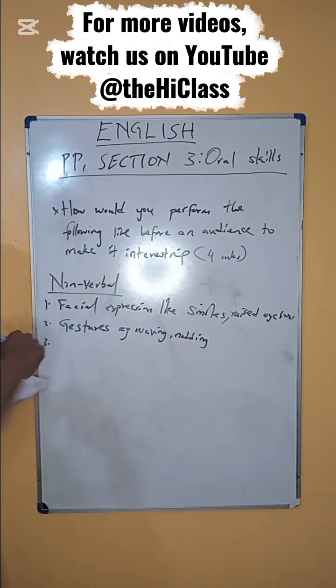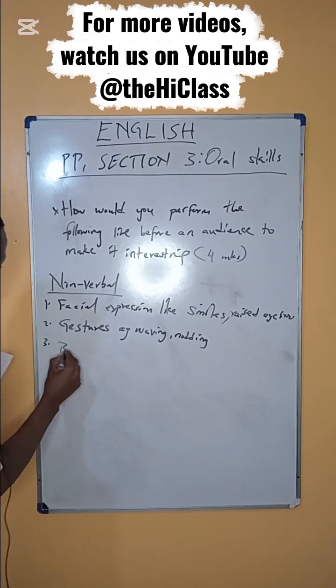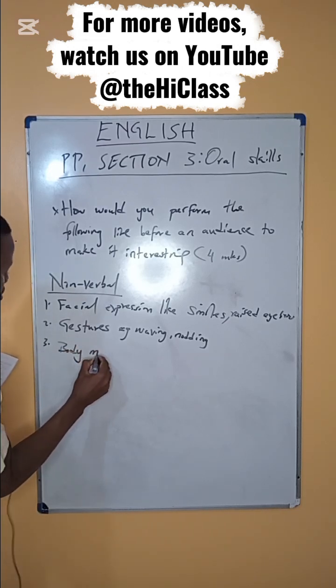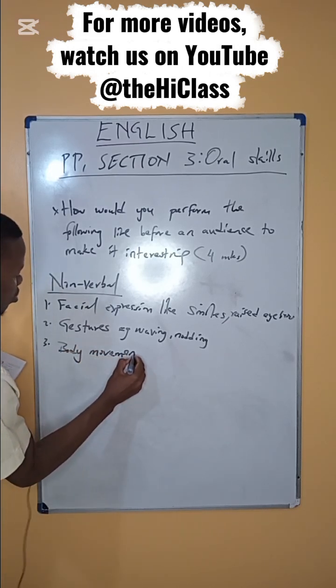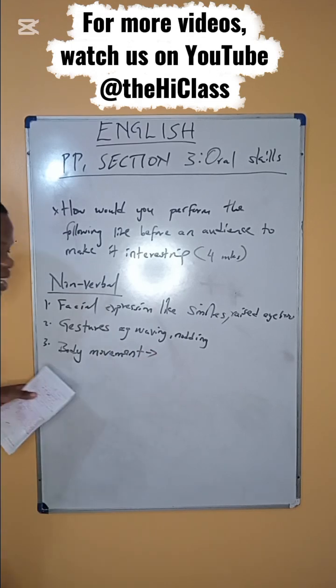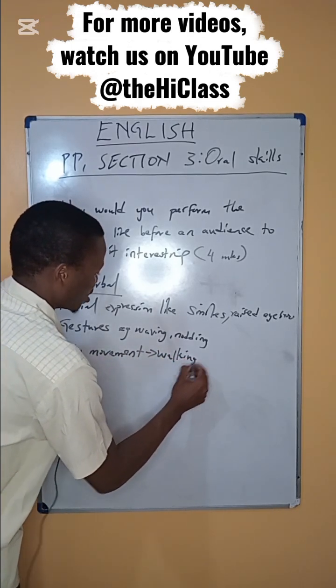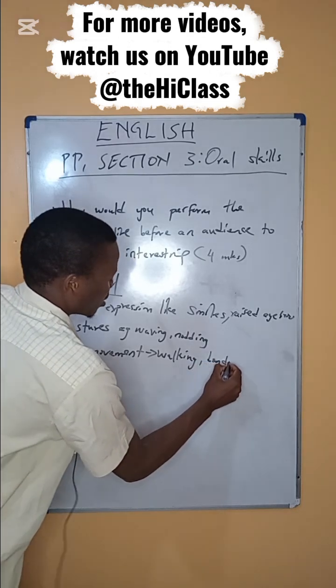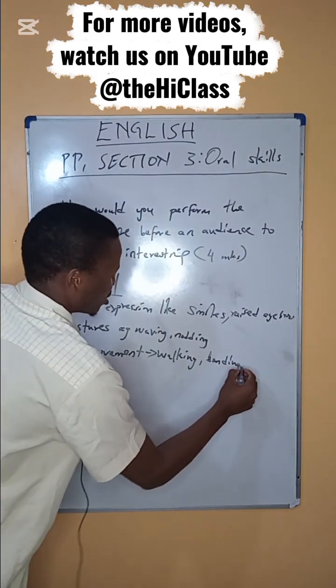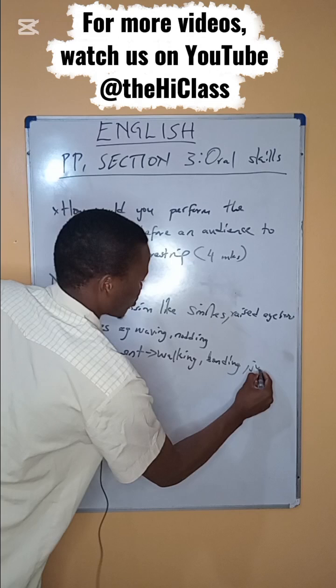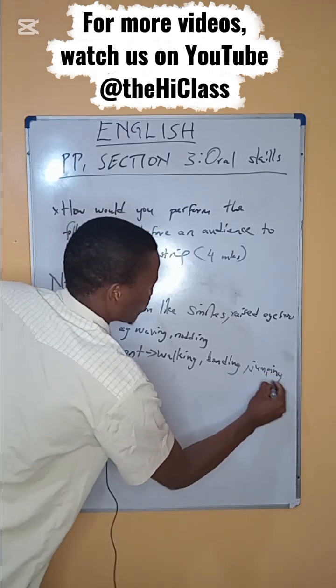Number 3, we can talk about body movement. This includes, for instance, walking or pacing around. You can talk about bending, you can talk about jumping, among others.